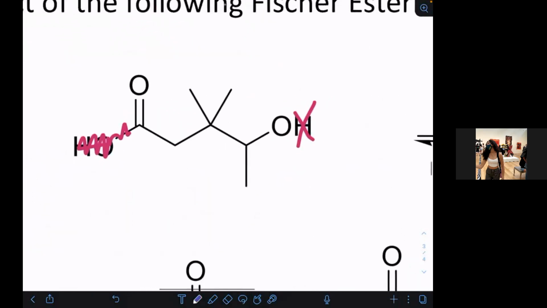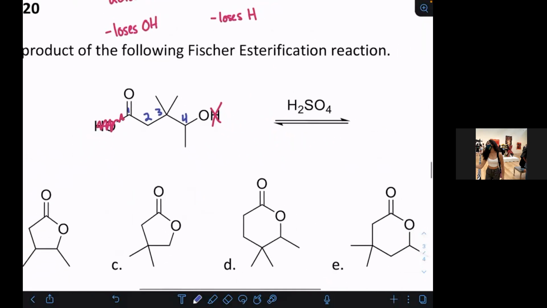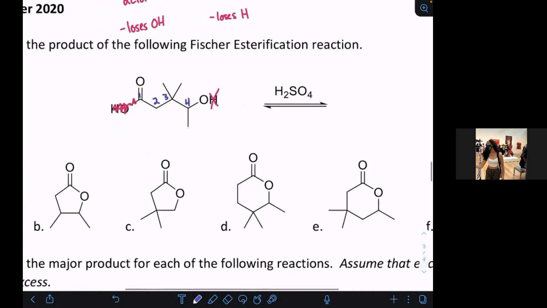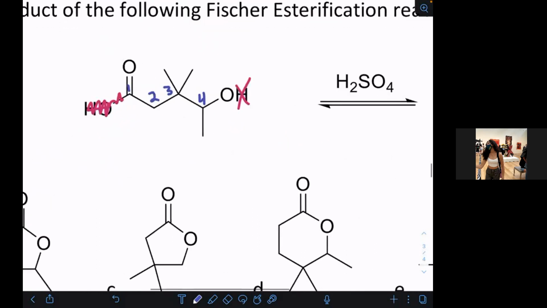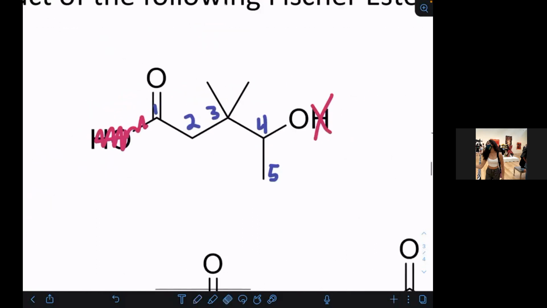So 1, 2, 3, 4. Let's see, how is that gonna work? Wait. 1, 2, 3, 5, I think also. Actually, no. It can't be 4. I got 5 last time. How am I counting wrong? I might have messed this part up.